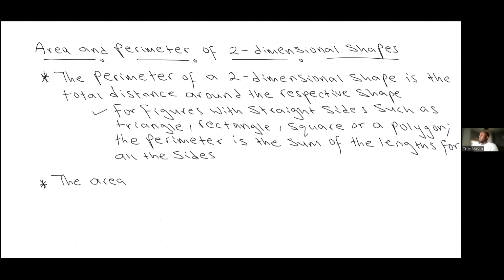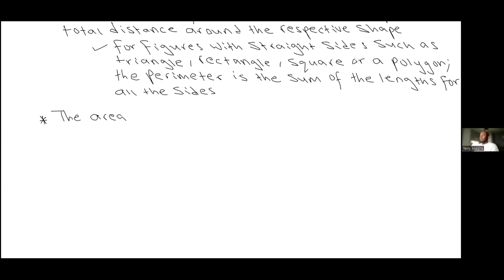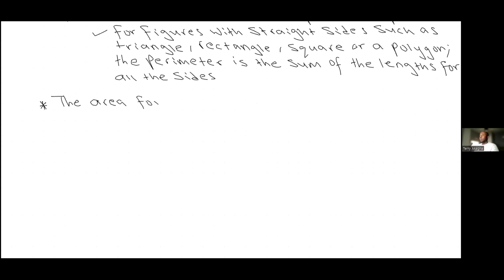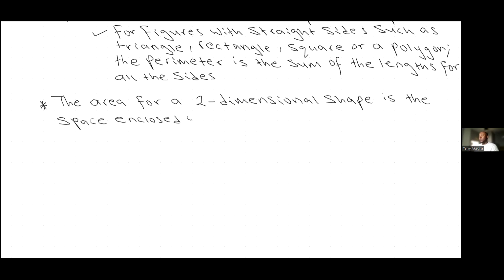So the area for a two-dimensional shape is the space enclosed within the perimeter of the given shape.